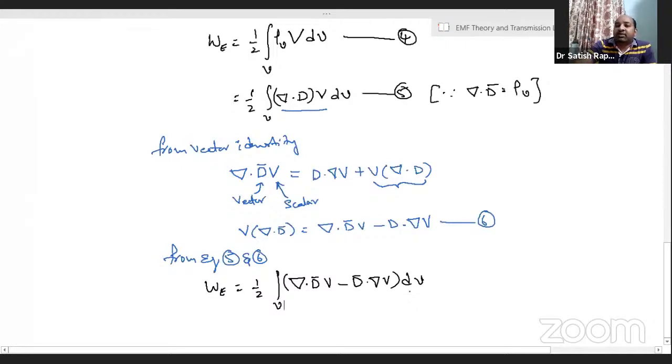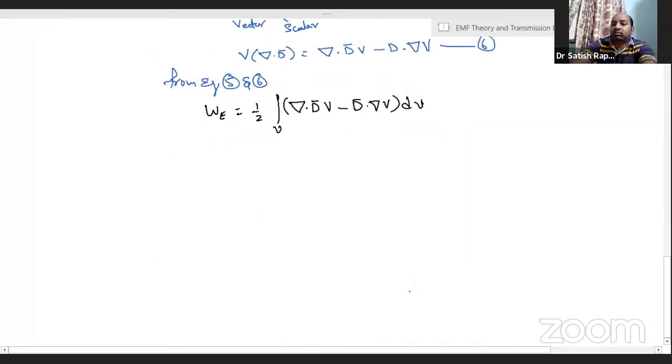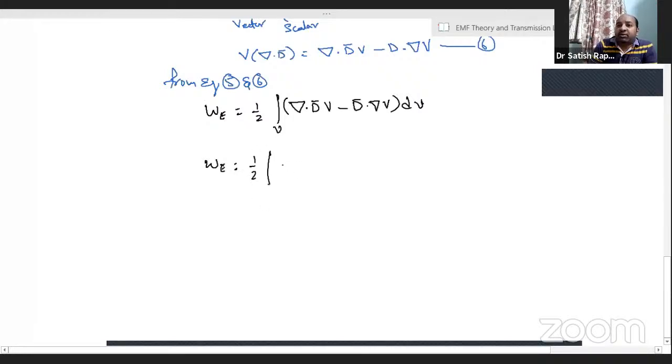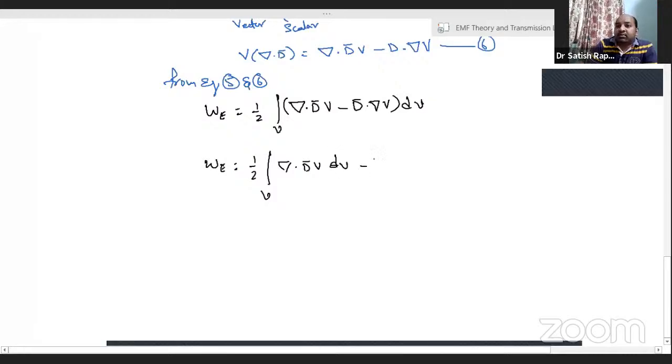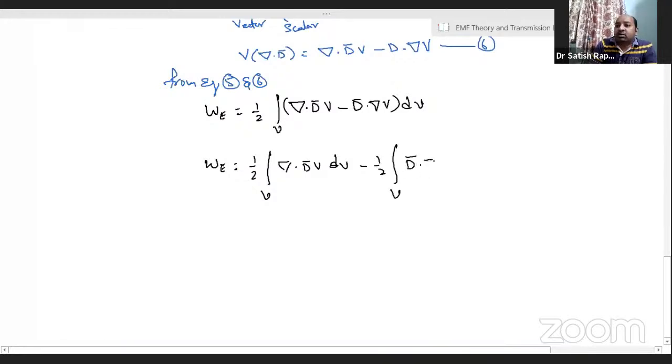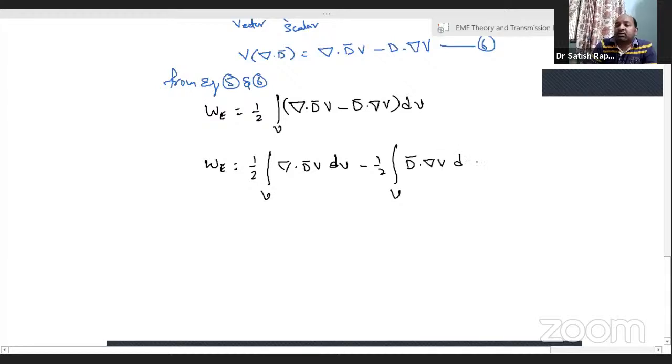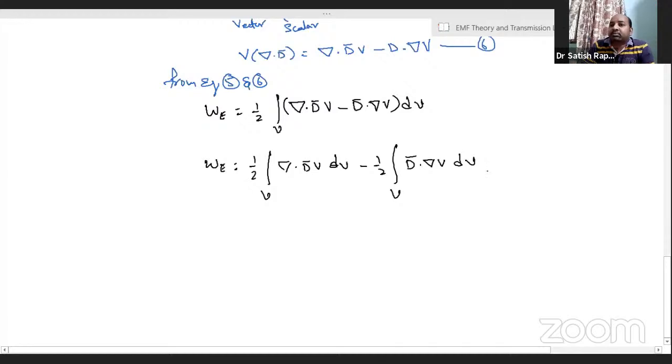Further simplifying, W is equal to half volume integral of del dot D bar V dv minus half volume integral of D bar dot del V dv. Let us say this is equation 7.